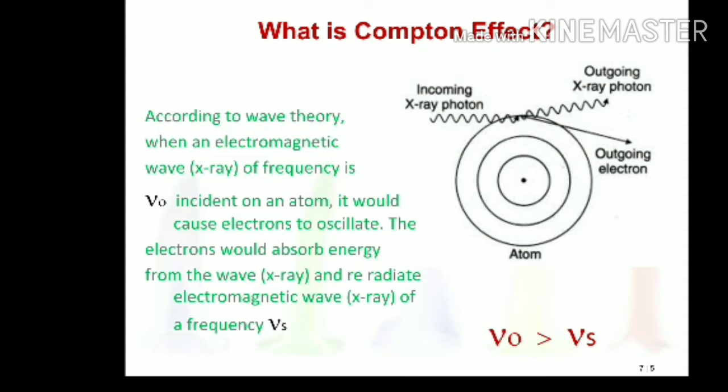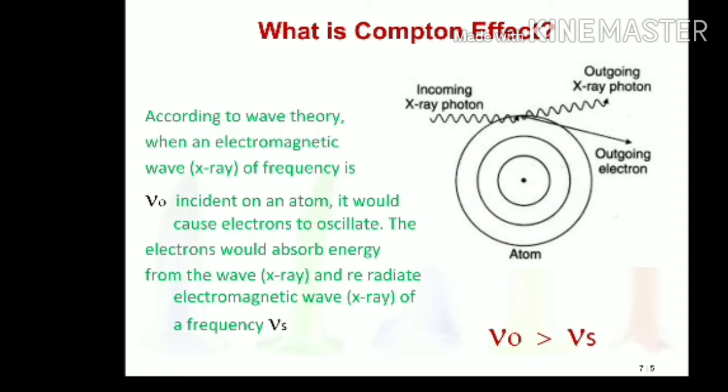According to the wave theory, when electromagnetic waves of frequency nu0 are incident on an atom, they cause the electron to oscillate. The electrons would absorb energy from the wave and re-radiate an electromagnetic wave of frequency nu s, that is the scattered frequency.